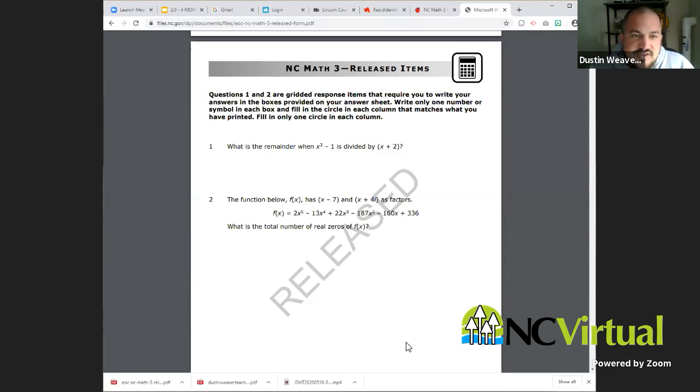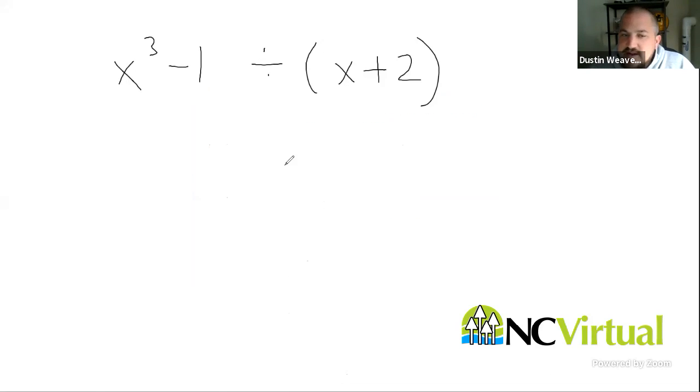As we make a box, what number are we going to put in the box here, if we try to remember synthetic division? Are we going to put a positive 2, or are we going to put a negative 2 in the box?